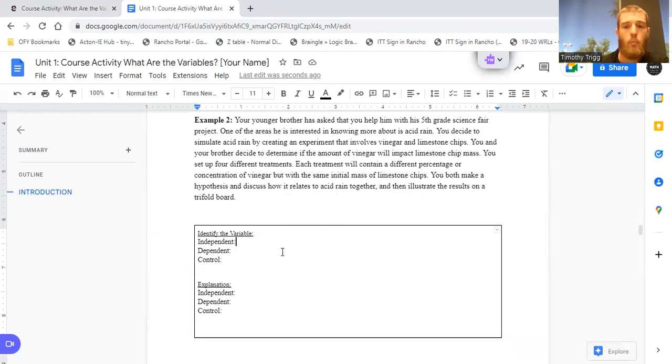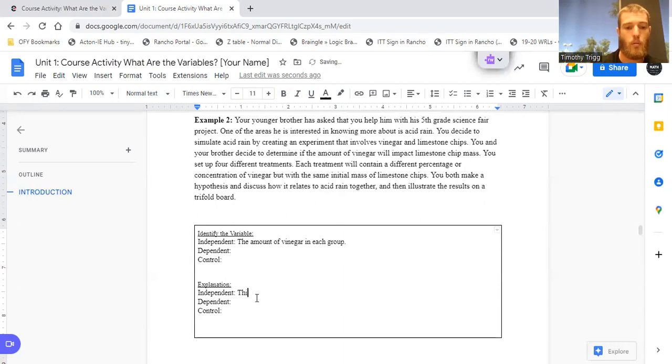Okay. So what thing are you changing from one group to the other? Well, the amount of vinegar that you're putting onto the limestone. We'll put the amount of vinegar in each group. So that's something that you're changing from one group to the other.